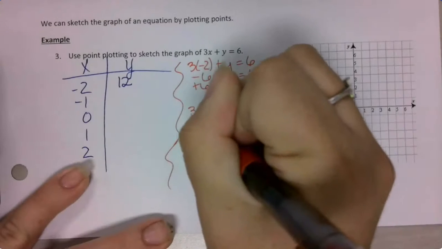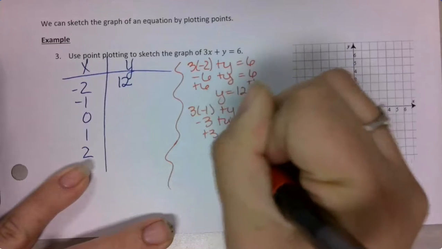Then I want to add 3 to both sides. y equals 9.